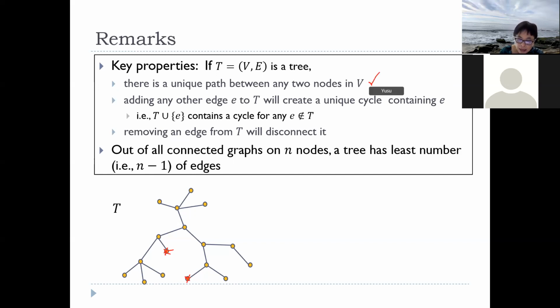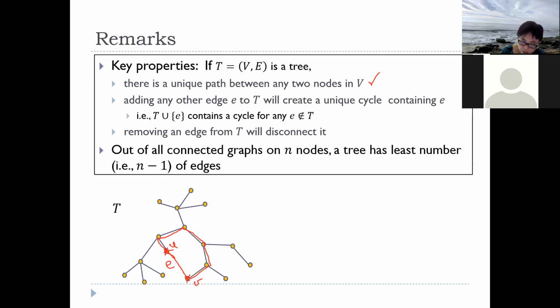The second one is that, suppose we already have this tree, and everything's already connected. Now every time you add another edge to this tree, it doesn't matter which two nodes, let's say I want to add this edge E, then this edge E must create a unique cycle, which consists of the unique path in the tree connecting the nodes U and V plus this edge E itself.